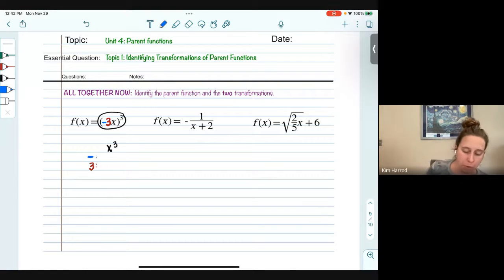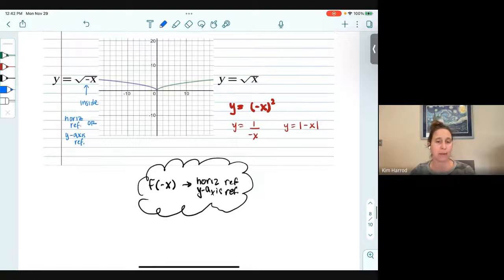So then the thing we want to be able to do is look at each one of those individually. Let's take that negative sign. Is that negative sign inside or outside of the cube? Like, is the negative getting cubed? Well, yeah, because there are parentheses around it. So this negative is inside. If we go back through our examples and look where we put negatives inside, that would be our example here.